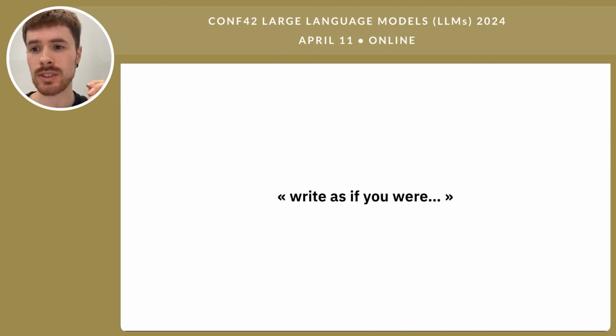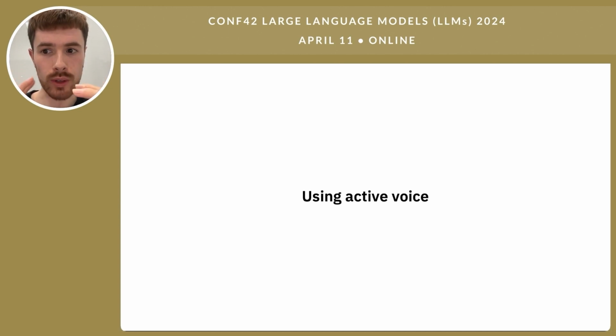You should tell the system to write as if it is a high school student writing about the French Revolution, a student from the US, whatever. You give lots of information about that person, and that way you allow the system to write a bit more like you.